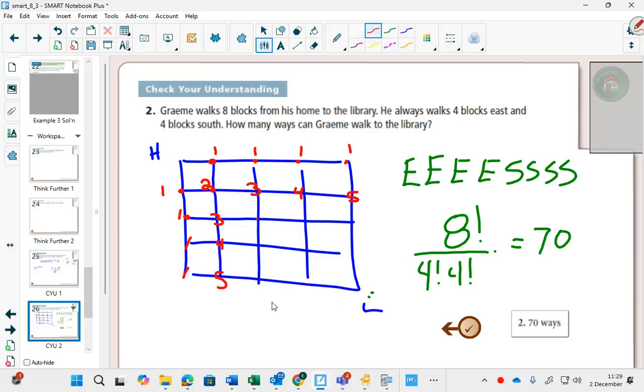Any guesses? Any ideas? 6 ways to get there. What about this one? 10, and this one is 10. Now I'm going to leave it for a bit for those that haven't seen the shortcut. See if you can figure out what the shortcut is for counting the next dots.